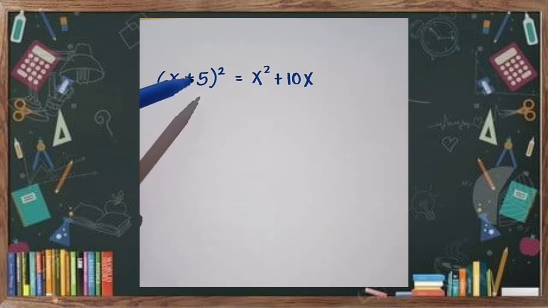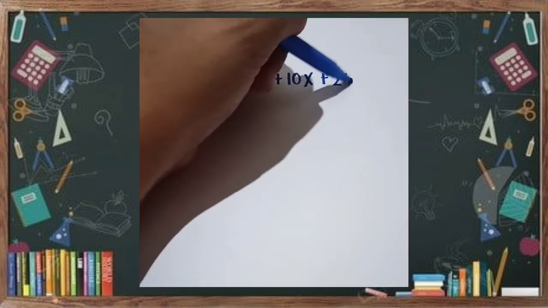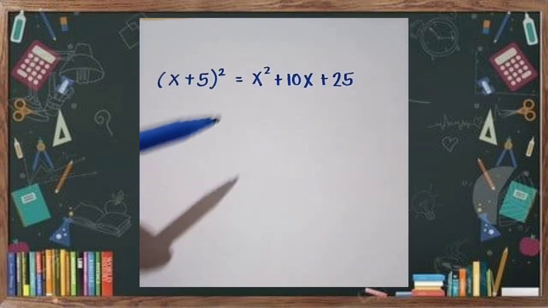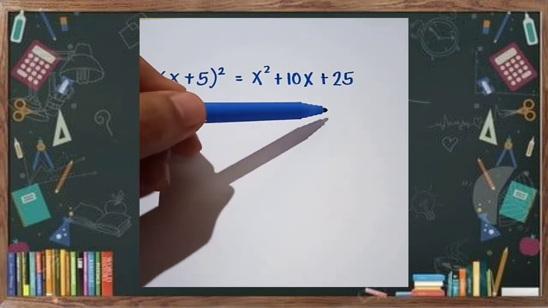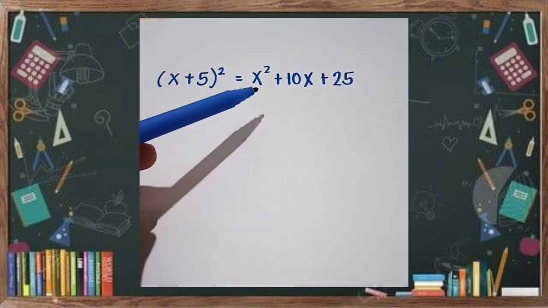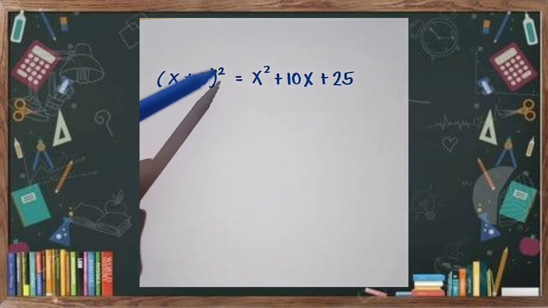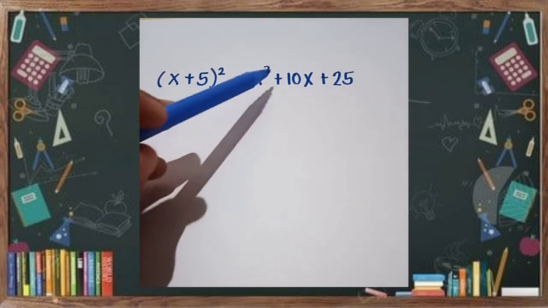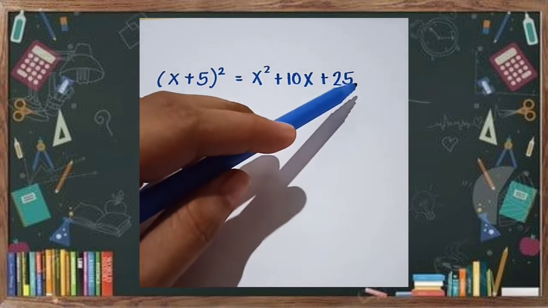Then, the third step is we square the third term. So, 5 times 5 equals 25. Therefore, our special product, the square of a binomial x plus 5 squared, is equal to x squared plus 10x plus 25.